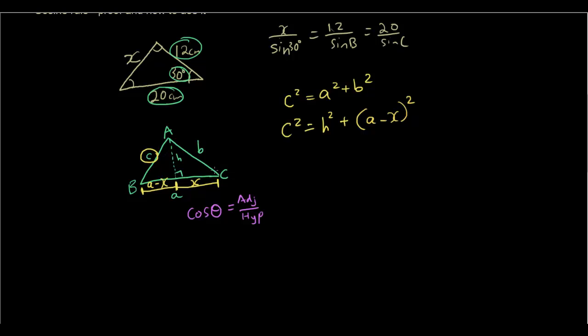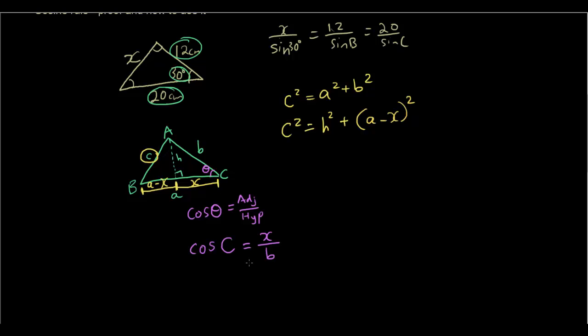And in this triangle here, if this is theta, then we have adjacent here and hypotenuse here. So therefore, I'm going to substitute the values into our equation. Cosine C is equal to x over b.